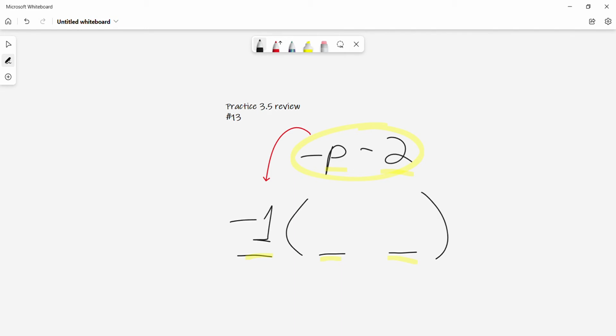If I take negative 1 out of negative p, I'm left with positive p. And factoring negative 1 out of negative 2, I'm left with positive 2. This is a little bit redundant because we don't need to say negative 1 times something. So the correct answer is just negative, and then the quantity p plus 2.